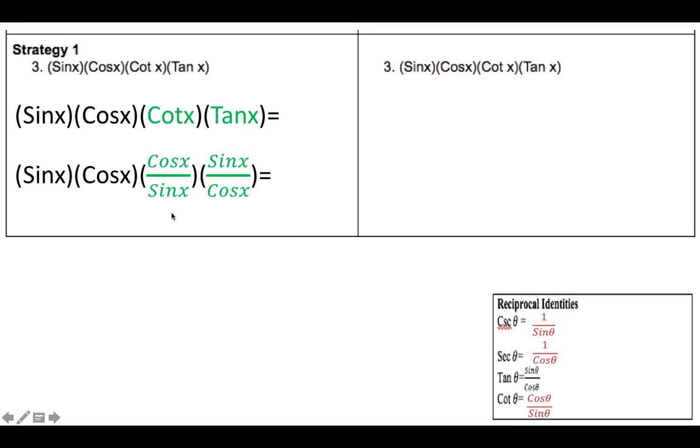Now we're going to be canceling out items. Tops and bottoms cancel. So this sine can cancel with this bottom sine. This cosine on top can cancel with this cosine at the bottom. Or you could have canceled this top sine with this bottom sine and this top cosine with this bottom cosine. But either way, you're still left with just sine x times cosine x.